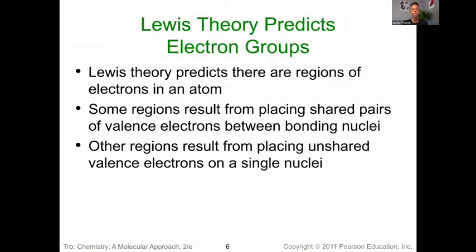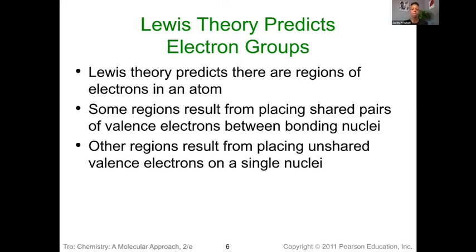Now, Lewis theory allows us to predict the electron groups that are found within a molecule. Remember, when we're counting these electron groups, we're looking at the regions of electrons that are there, not just the individual electrons. There are regions that are shared between atoms, so those are your bonding regions.